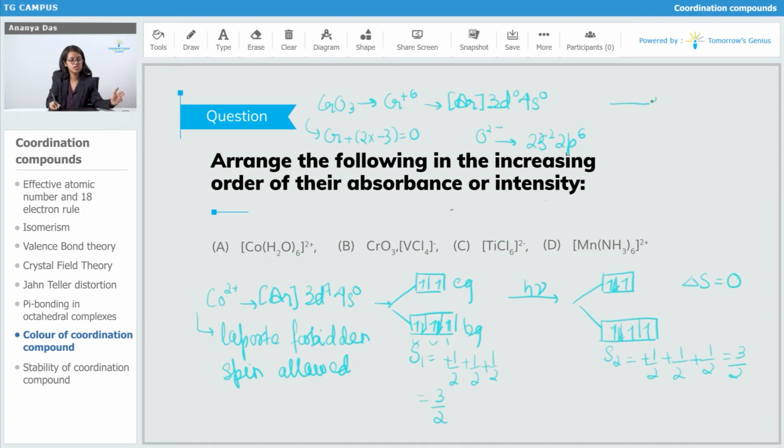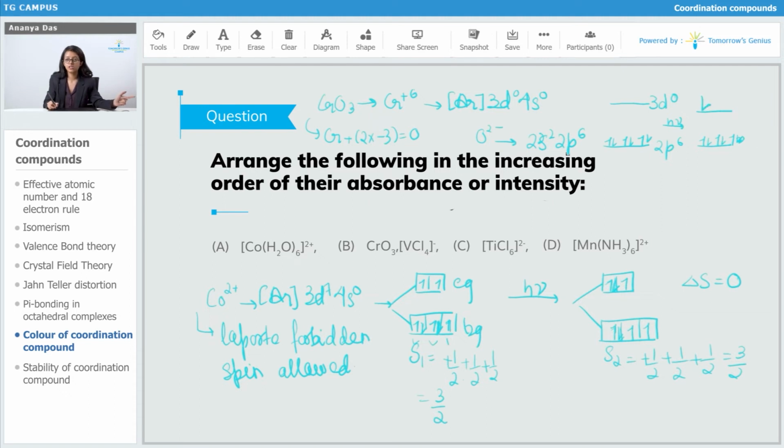So if this is the 3d0 and this is the 2p6 of oxygen, 1, 2, 3, 4, 5, 6, then after excitation, one of the electrons from the 2p6 can go to the 3d0 of chromium. Okay, let's say this electron has gone.